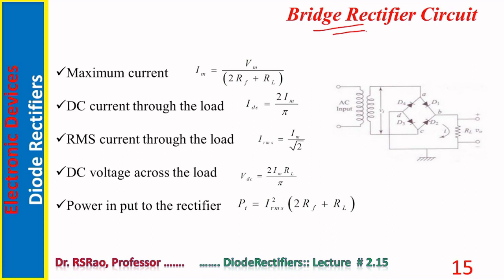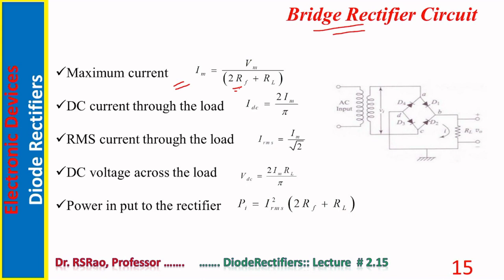Certain important parameters and values pertaining to the bridge rectifier circuit. Maximum current is Vm by (2Rf plus RL). Why 2Rf? The reason is, while conducting either in the positive half cycle or negative half cycle, there always exist two diodes in the circuit.